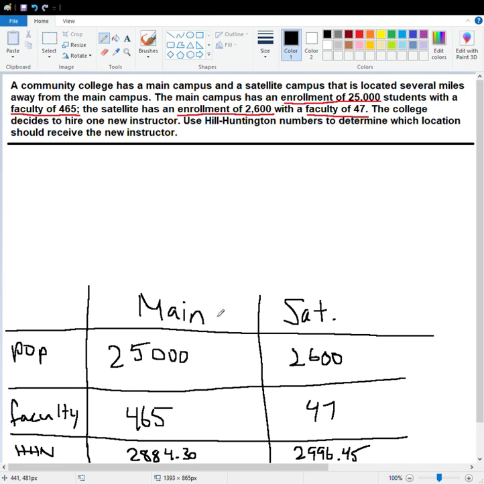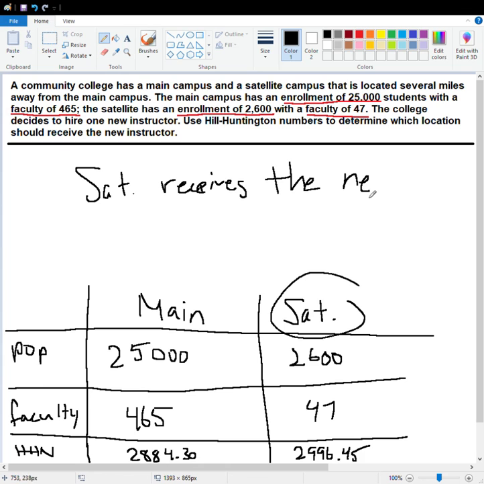In this case, it's quite obvious that the satellite campus's Hill-Huntington number is greater than the main campus's. So the answer will be the satellite campus. So sat receives, I think I spelled receives wrong, but oh well, receives the new instructor.